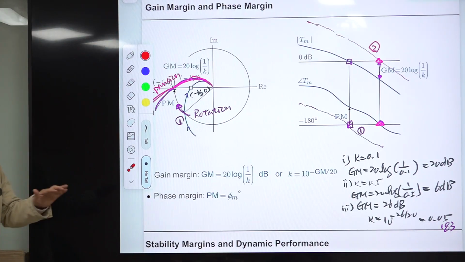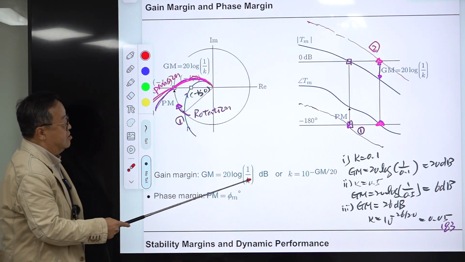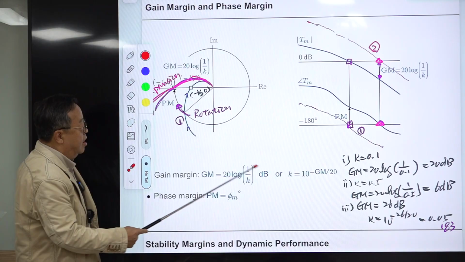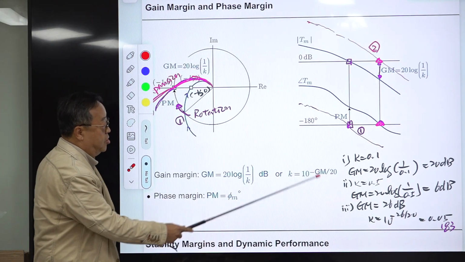A negative margin is a very strange thing, so to have a positive margin for a stable system, it comes here. This is the relationship, expressed in log scale, and this is just the conversion of the log scale to the linear scale.